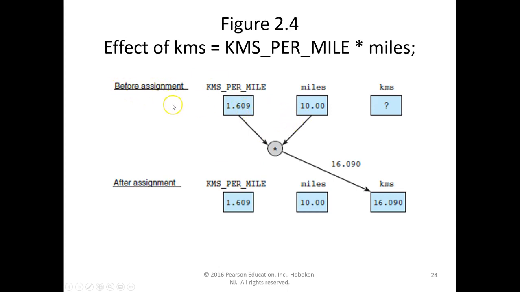So before assignment, you need to compute, okay? So you have a kilometer per mile, and when you have the mile, you have a content here. So you do the multiplication, and then the value you store in kilometer, because you already know the location of this variable, so that you have a place to put it. Otherwise, if you don't have a place, where are you going to put it? So that's why when you don't define this one here, and then you try to run, it's going to give you an error.